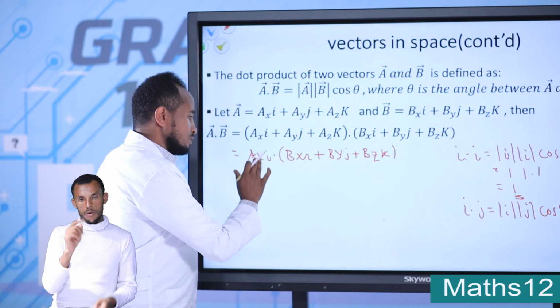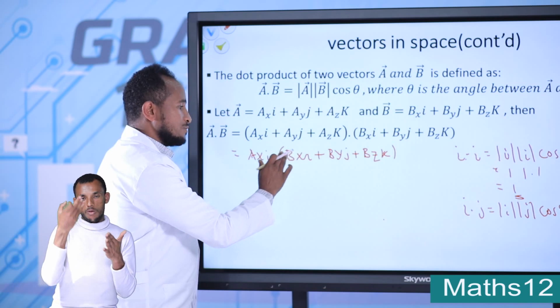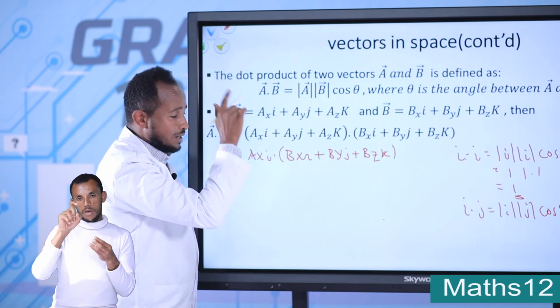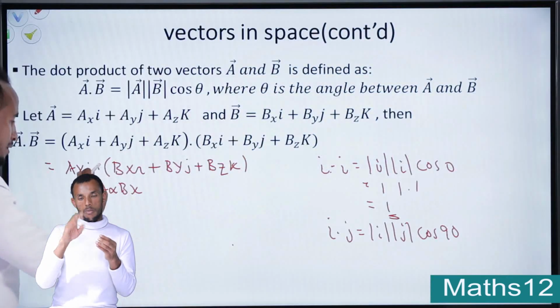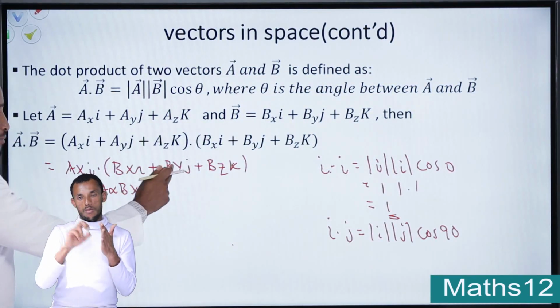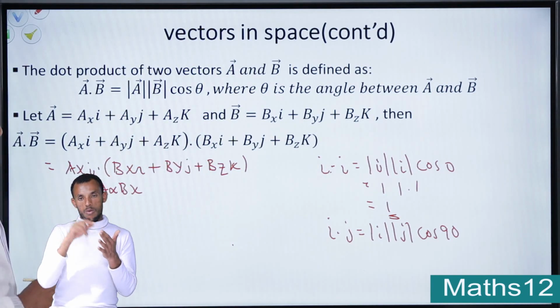when you distribute this dot product here, the dot product of the two, Ax Bx times I dot I. I dot I is 1, so this will be Ax Bx. The dot product of Ax I with By J, I dot J, is 0. I dot K is also 0.